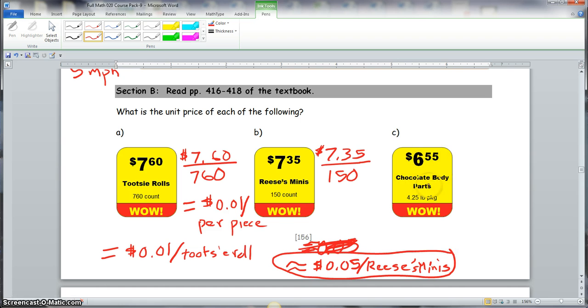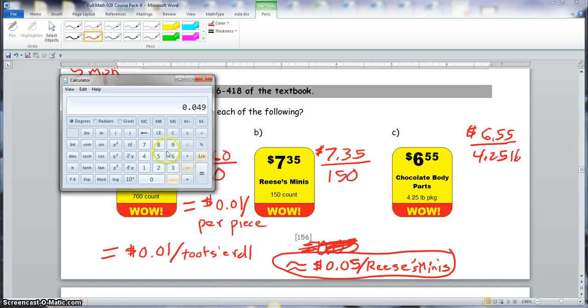Now we have $6.55 for chocolate body parts, and it's a 4.25 pound bag. I mean package. So we'll take $6.55 divided by 4.25 pounds. We would take the calculator and do 6.55 divided by 4.25.